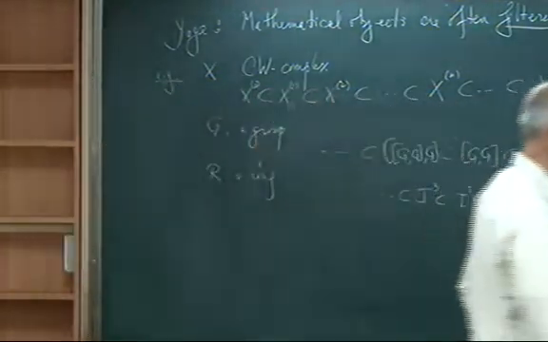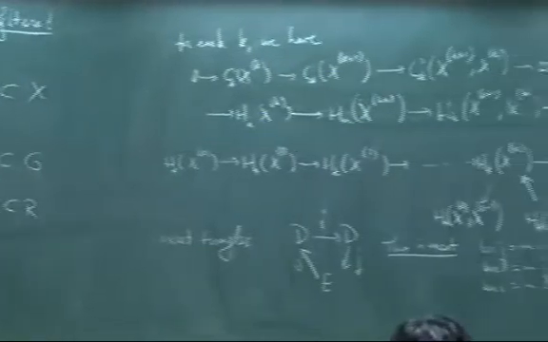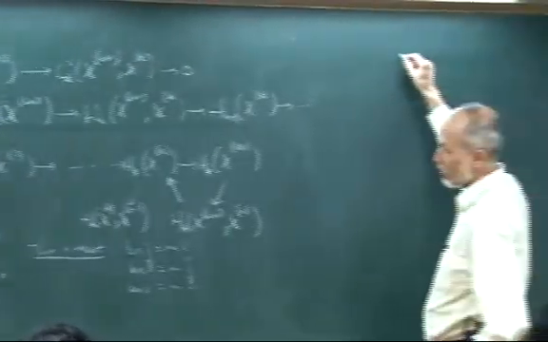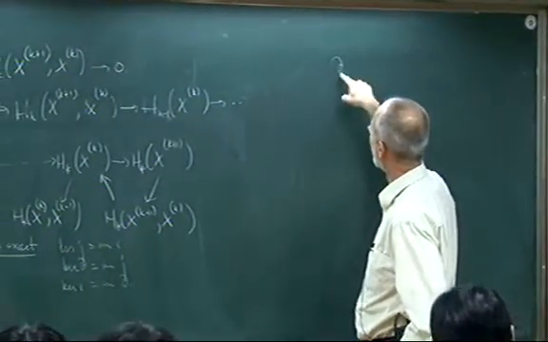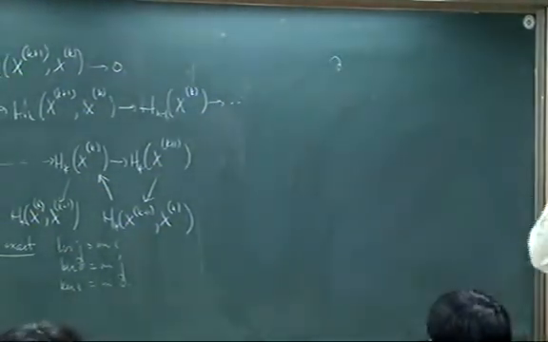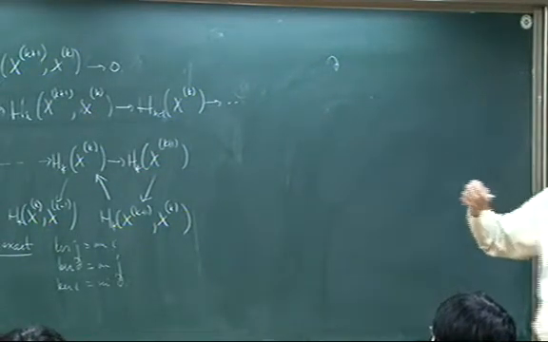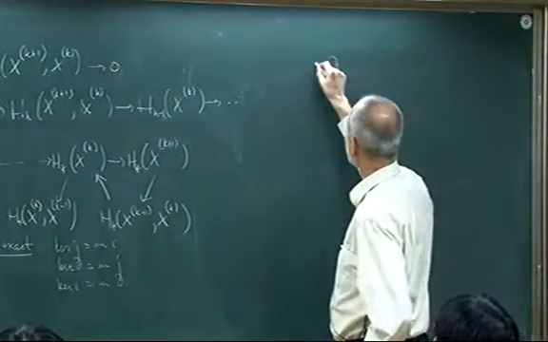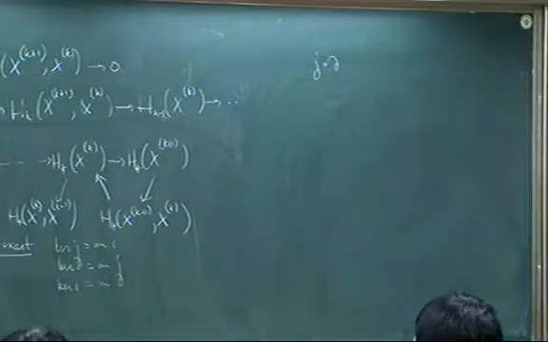Now here's the beauty of this formulation. Notice that if I apply the mapping delta to elements in E, they land in D. But elements in D, I can apply the mapping J to.